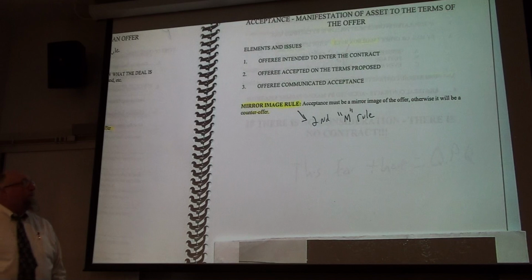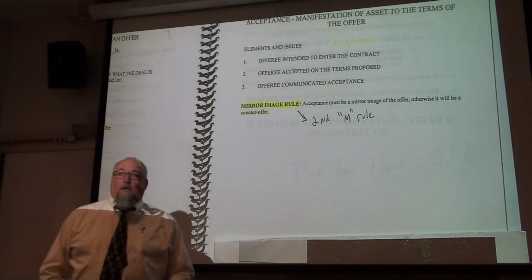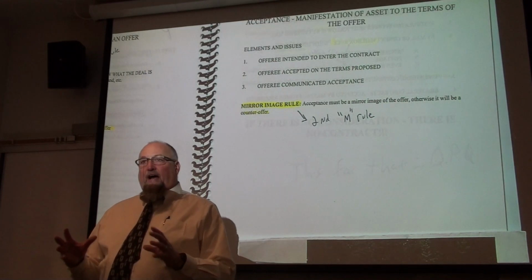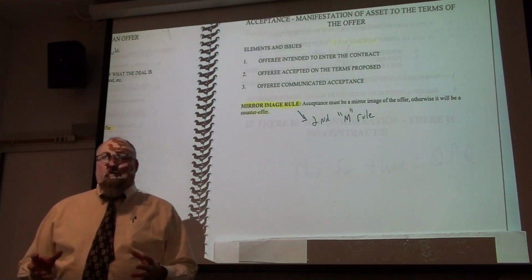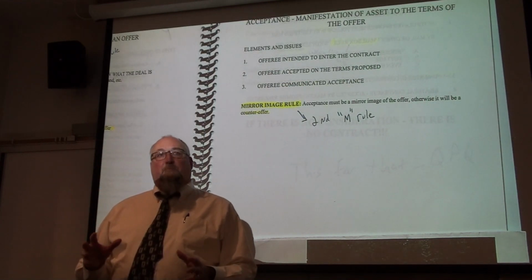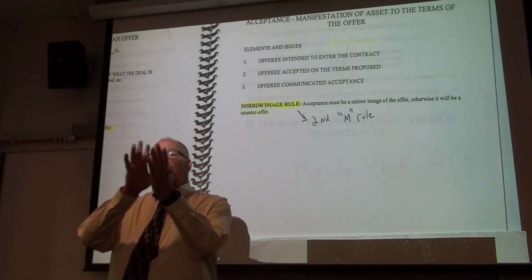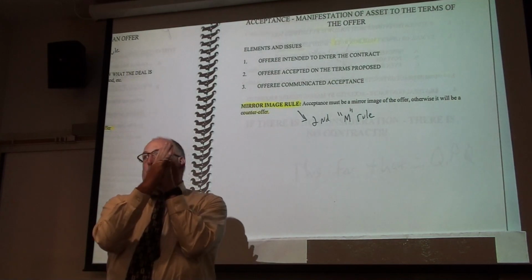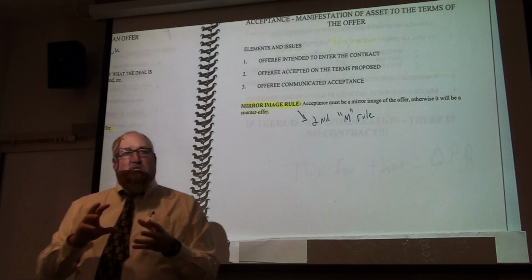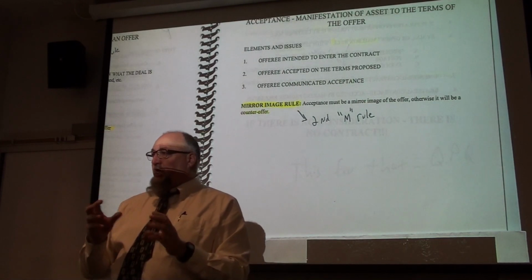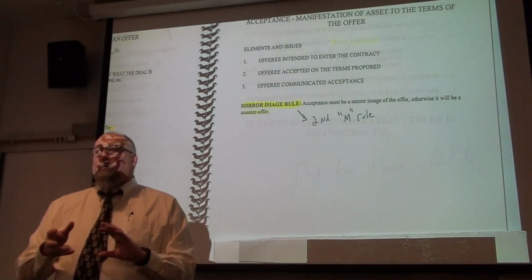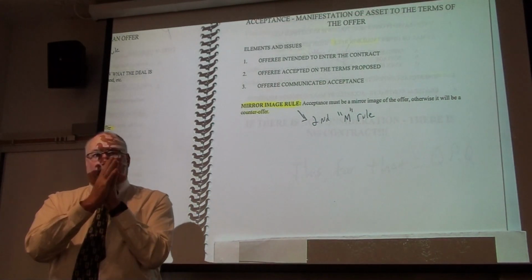The mirror image rule is basically the idea that in order for an acceptance to be a valid acceptance, thereby creating a contract, the acceptance must be a duplicate, a mirror image of the offer, right? In other words, there's no part of the acceptance that has the effect of changing or modifying the terms of the offer. So they must be a mirror image of each other.